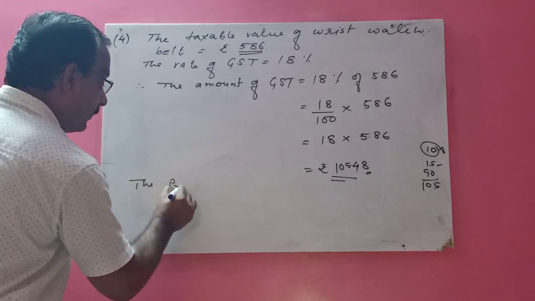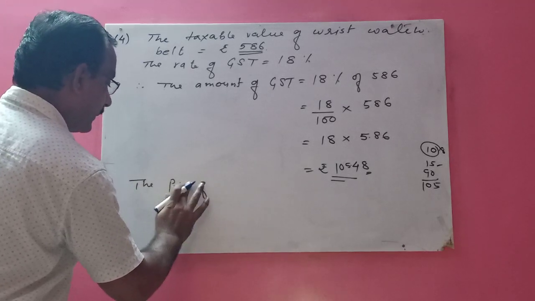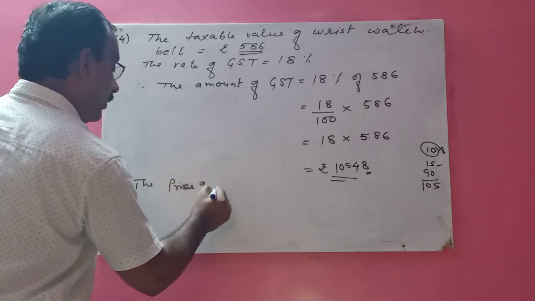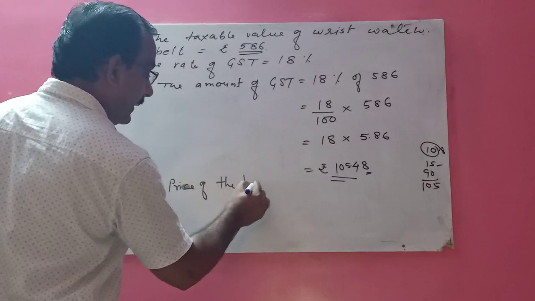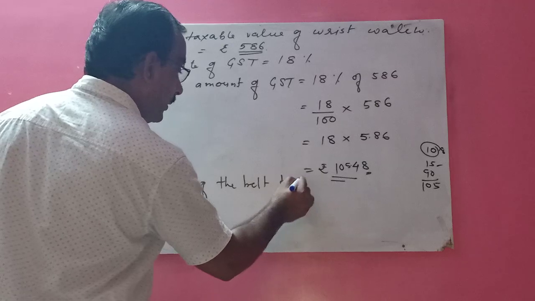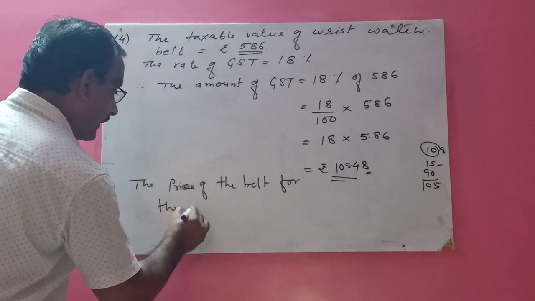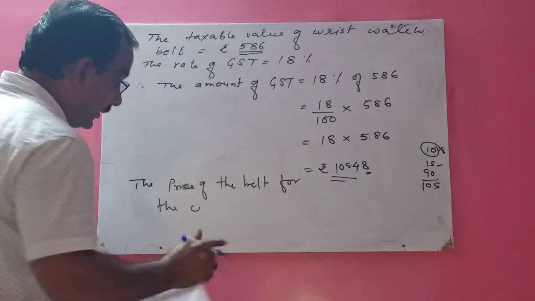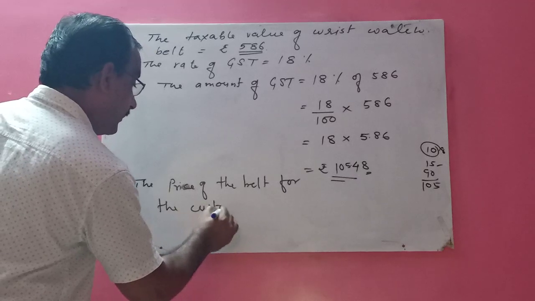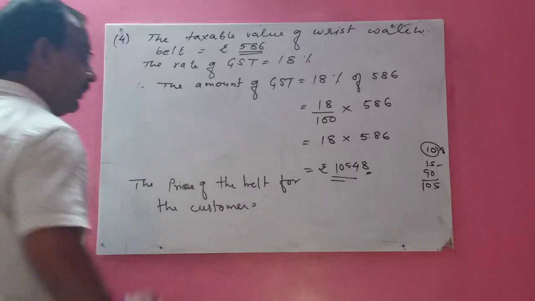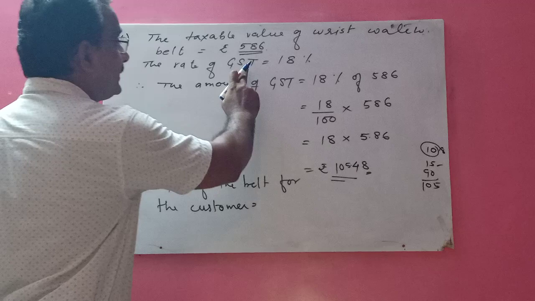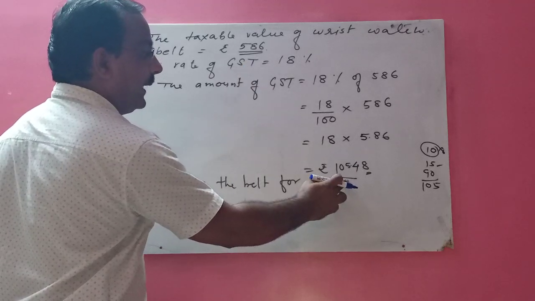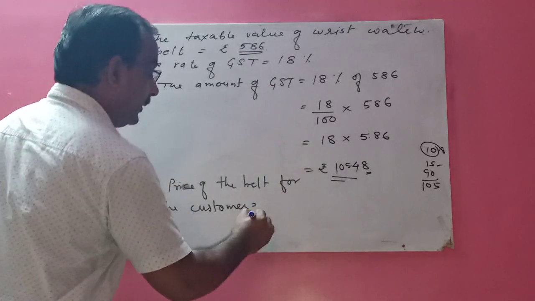for the customer. Right now it is customer. So the GST amount, sorry, this one, 105.48, and the taxable amount.